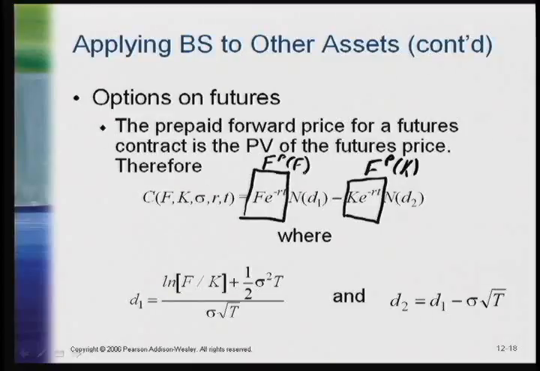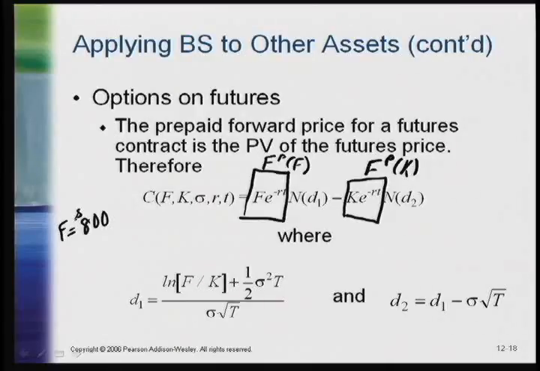I discussed this in another module, but just to be clear, let's say I have a futures price today. The futures price on gold is, say, $800, and I go long one futures contract. That requires me to buy gold in, say, 2 months.